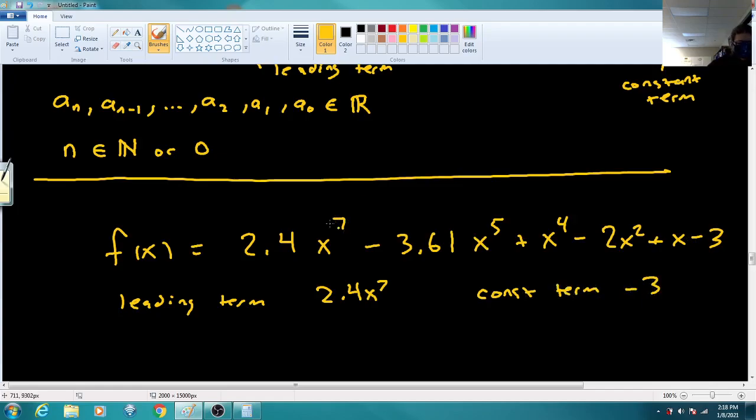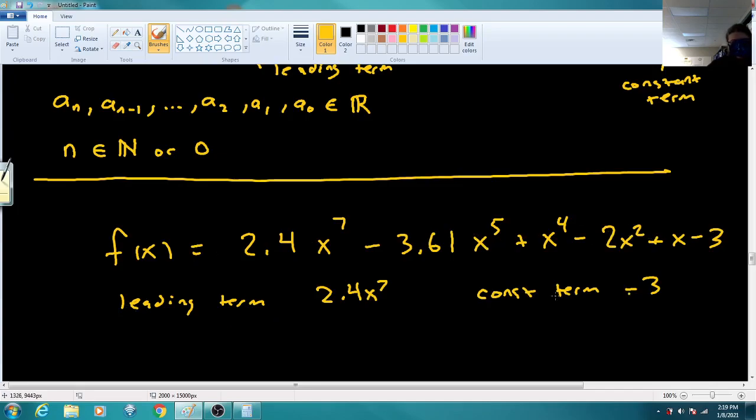This is a polynomial because all the powers of x are positive whole numbers. The numbers in front of the x's are just real numbers, just decimals, and there's no negative powers, no fractional powers. All these individual terms are added or subtracted together.